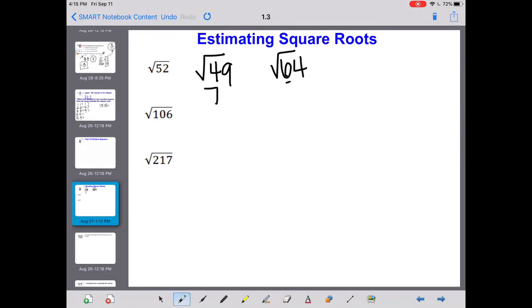Okay, well, the square root of 49 is 7 and the square root of 64 is 8. So we're going to choose which one it's closer to. 52 is actually closer to 49, so we would say that it is about 7, even though we know it's just a little bit higher.